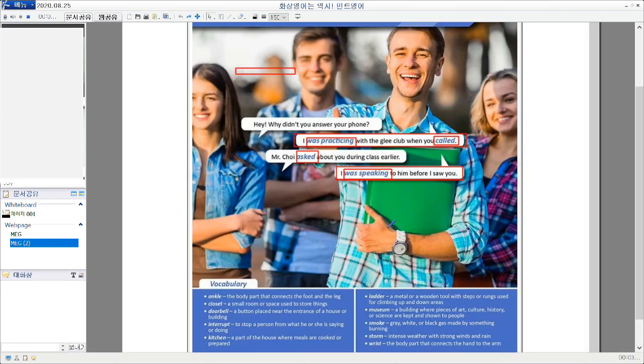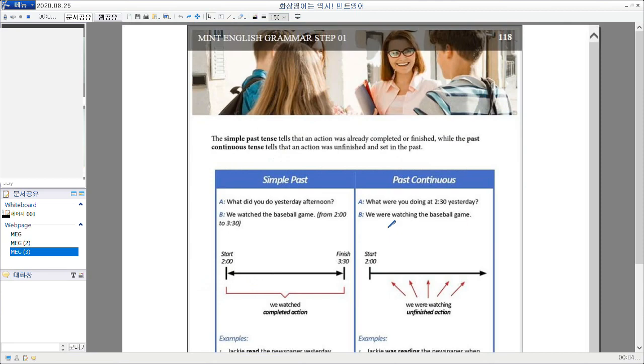So simple past tells that an action was already completed or finished. The action is over. It's done. While the past continuous tense tells that an action was unfinished, but it happened in the past.